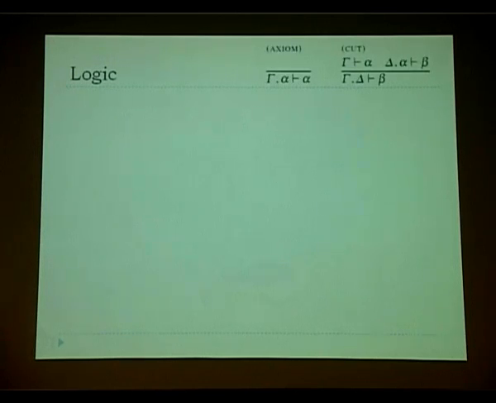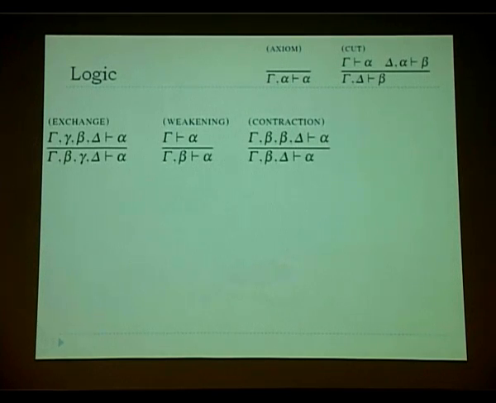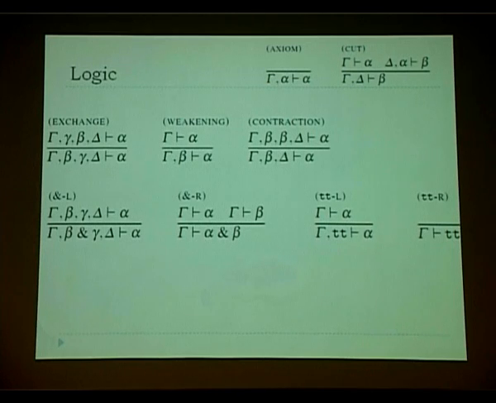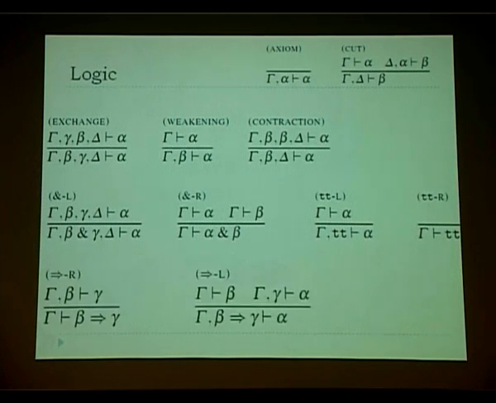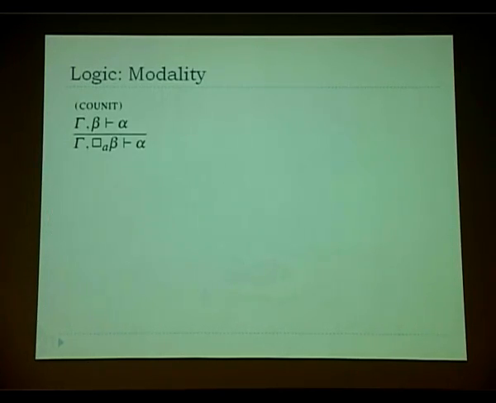We have our identity group, which looks like axiom and cut as usual. We have our structural rules for intuitionist logic. We have the introduction rules on the left and the right for conjunction and the unit. And we have the left and the right rules for implication. Totally standard stuff, nothing unusual going on there. Now let's move to the modality, okay?